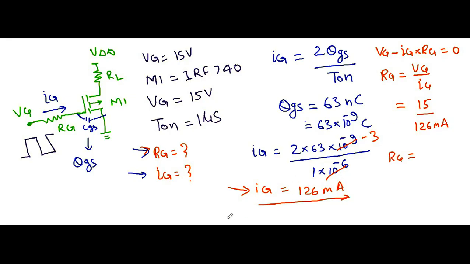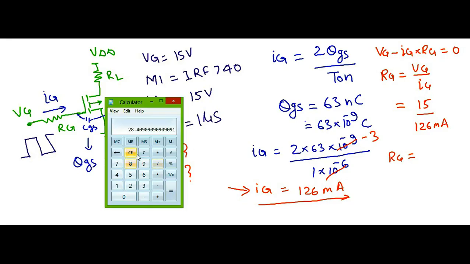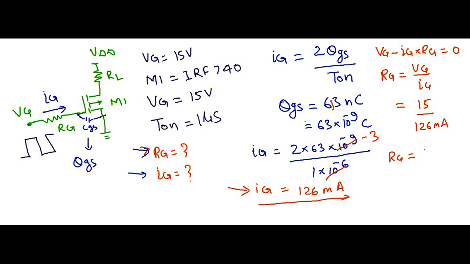So if you do it on the calculator here, 15 volt divided by 126 milliampere, and if you multiply the milliampere by 1000, it is going to give you 119. You can write here 119 ohm. Okay, so that is how you will calculate your gate resistance.